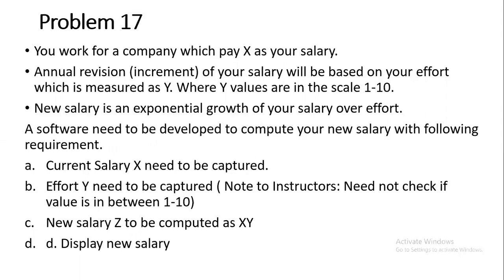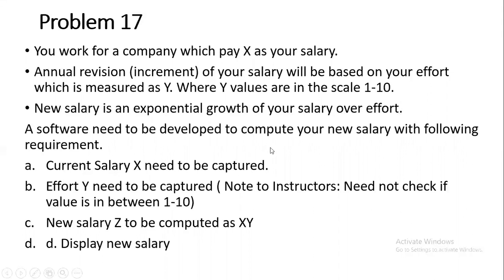Like that, every individual employee's effort is going to be measured, on the scale 1 to 10. Depending on this effort, the annual revision of the salary will be done. So how will it be done? The new salary is an exponential growth of your salary over the effort. So it's an exponential growth.